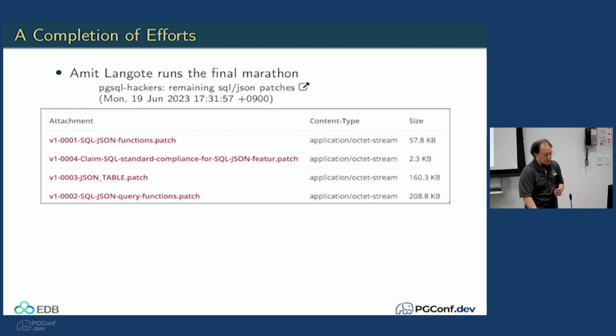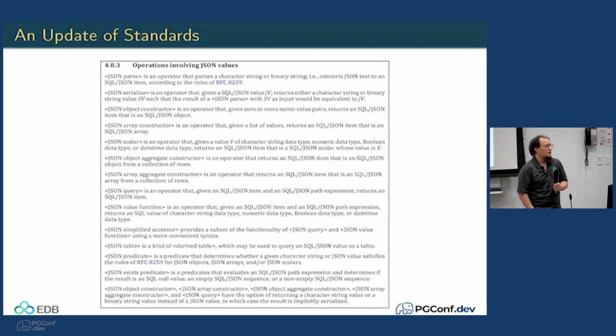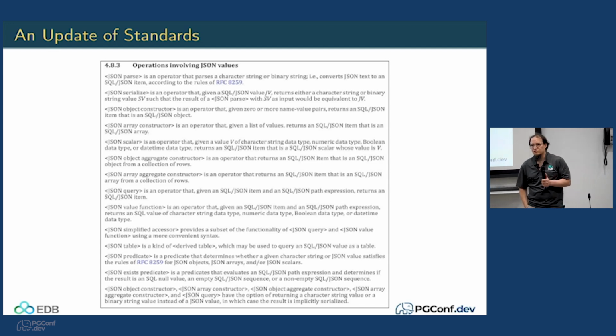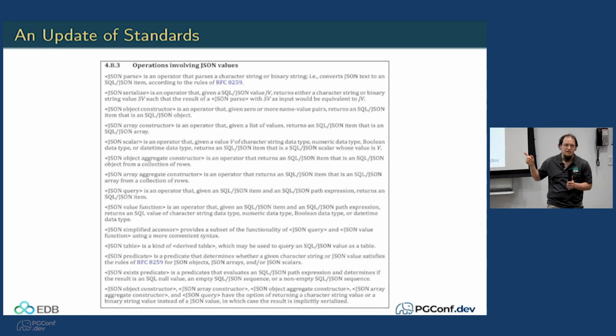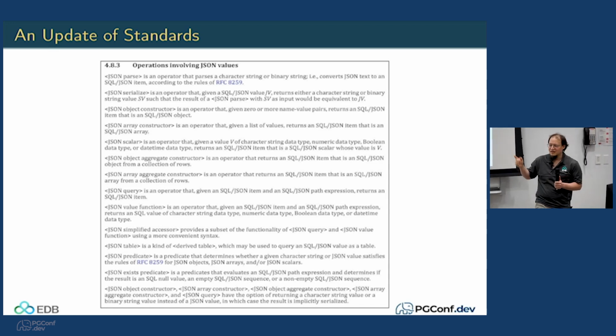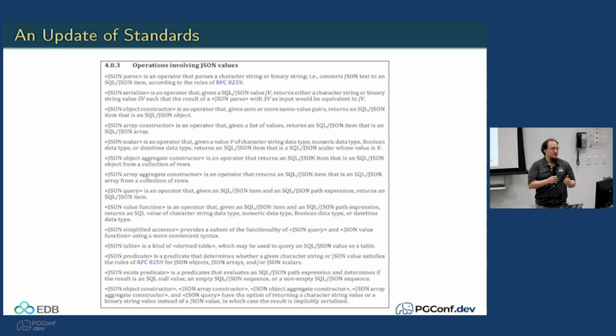So I had to look up what had happened, and I was about to post a bug that we had committed features that weren't actually in the standard. But then I realized that we had a new version of the standard that included more features. This is a screenshot from SQL 2023. The first one of those is JSON_PARSE, which is the JSON function.